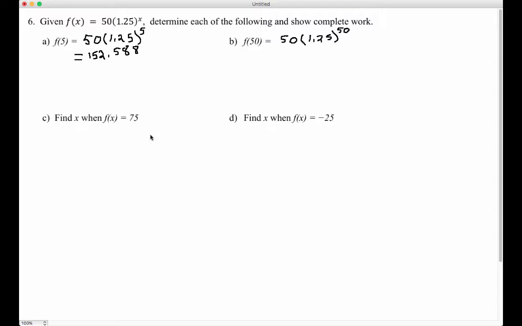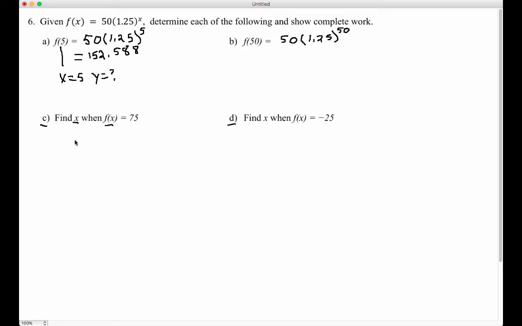Let's come down here and take a look at C and D. Those are the ones that were actually causing people trouble. So how do we go about solving these? Well, first of all, this time they say find x when f of x is equal to this. In other words, they gave us the y value, and they want the x value. In the previous two problems, they gave us x. They told us x was equal to 5, and y was equal to what?